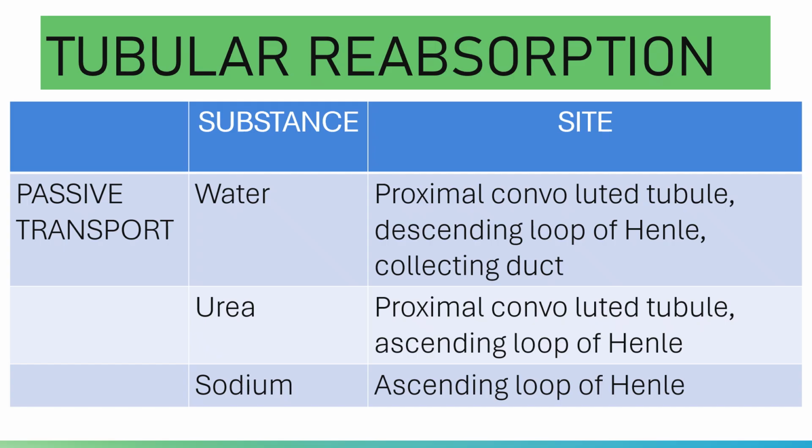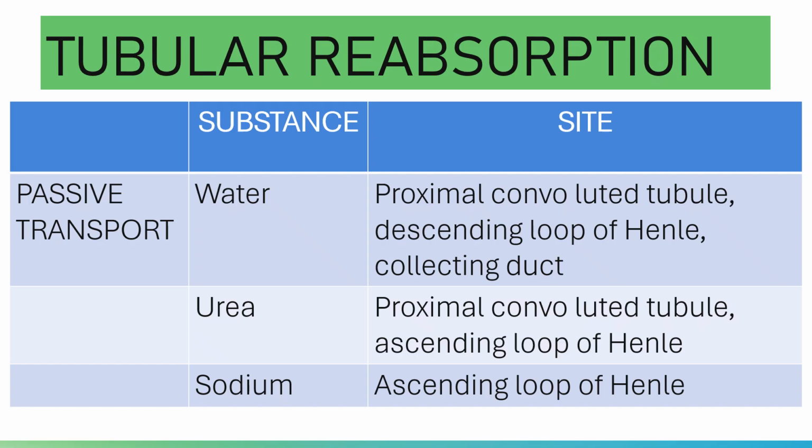In the distal convoluted tubule, water is passively reabsorbed also. In the cortical portion of the collecting duct, water and chloride are passively reabsorbed.